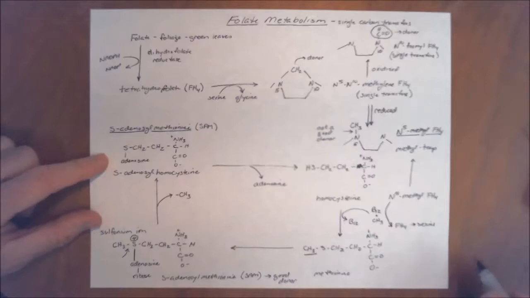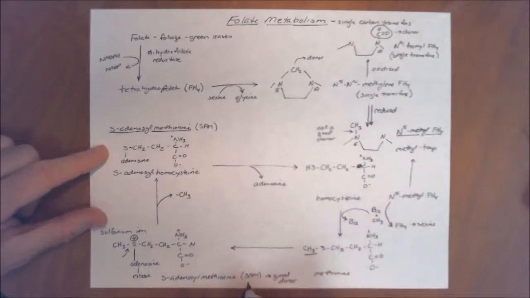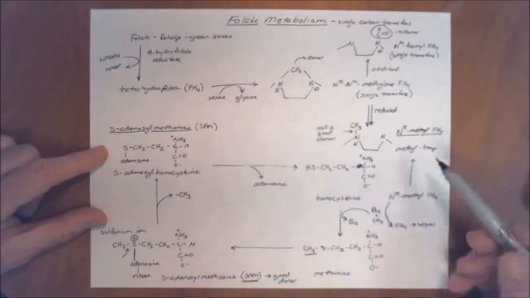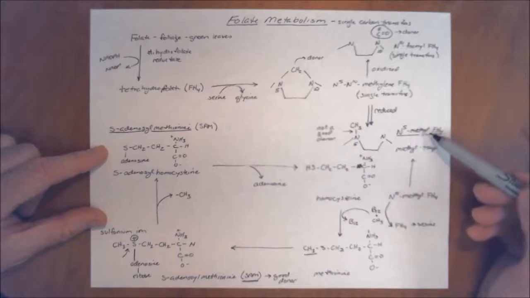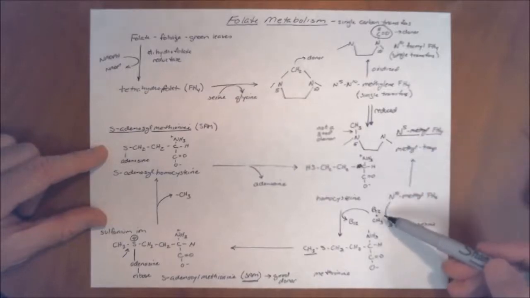Now in doing this reaction, we're able to keep the cycle going for 2 very important reasons. Number 1, we are generating an excellent donor of single carbons in the methyl form from SAM to perform reactions. And second of all, we are alleviating the methyl trap by processing N5-methyl tetrahydrofolate using B12.